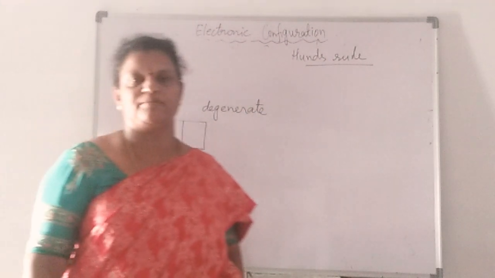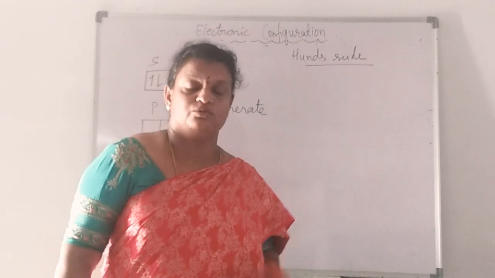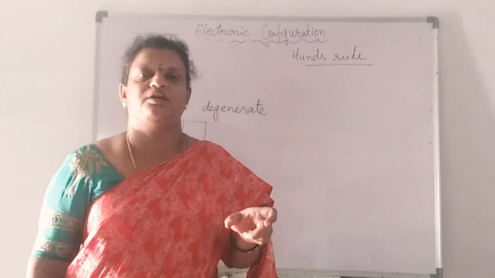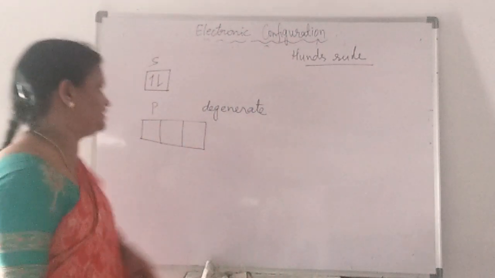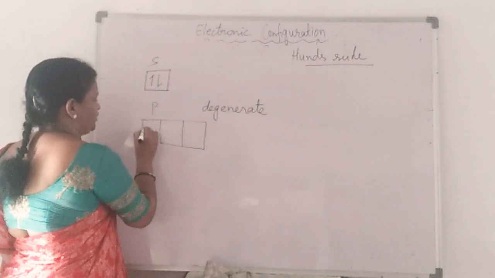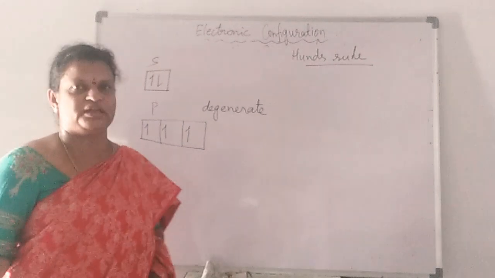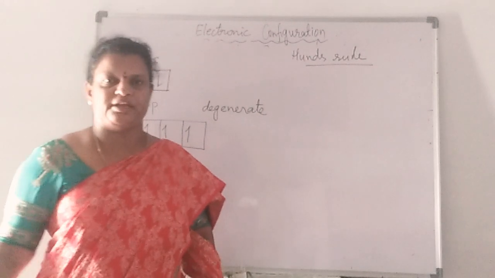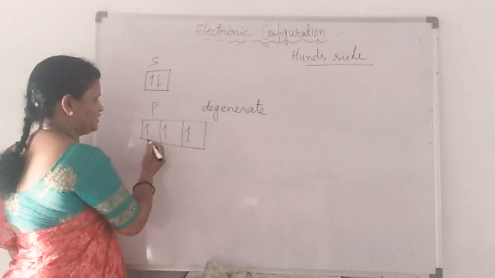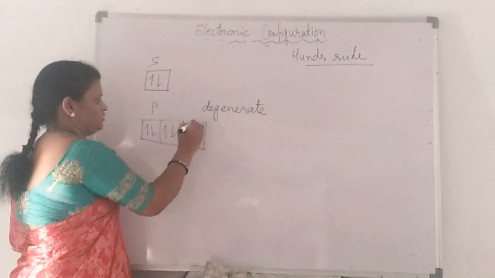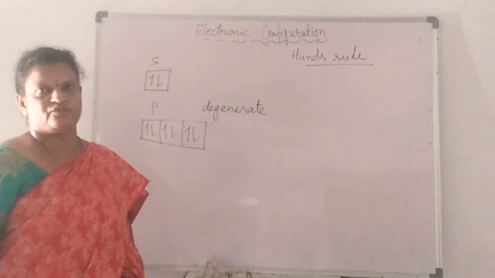Degenerate orbitals are nothing but orbitals having the same amount of energy. In these degenerate orbitals, first of all, every orbital should be filled with one electron each. After that only, pairing should start. So the first, second, third electron will enter, then fourth, fifth, sixth electrons. Like that we have to continue.